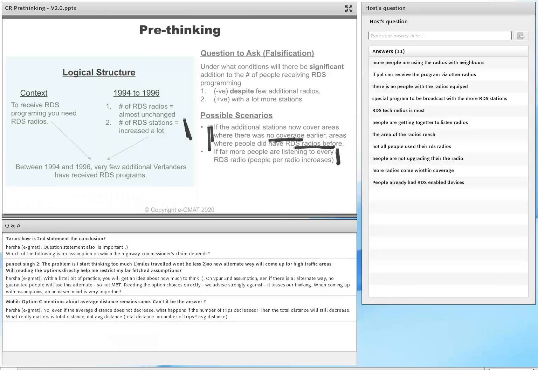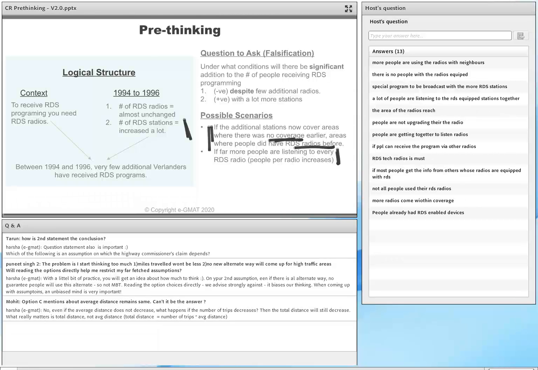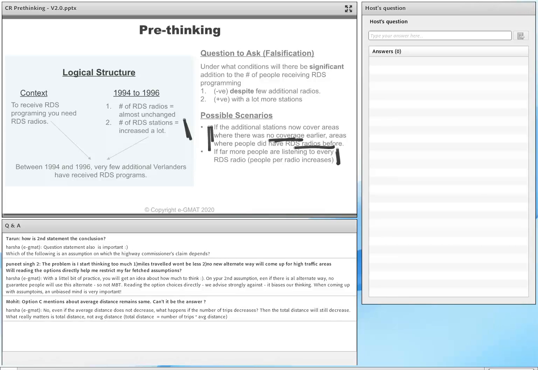Or the second thing is if you start putting these radios in Starbucks, so even if the number of radios remain the same, people per radio go up. You guys came up with this. Can you see both these scenarios will break the conclusion? Both these scenarios, the conclusion is going to be destroyed.